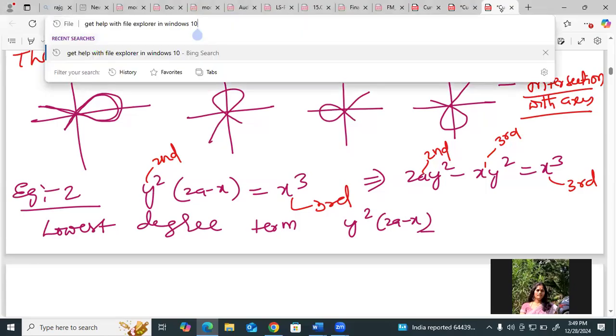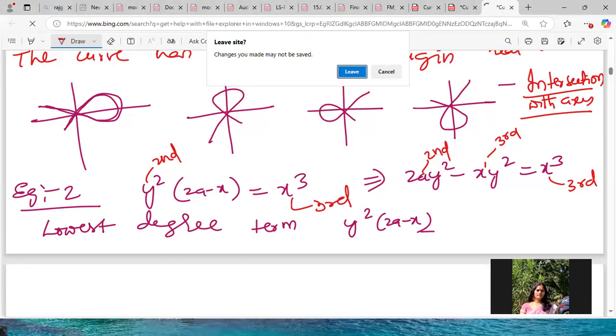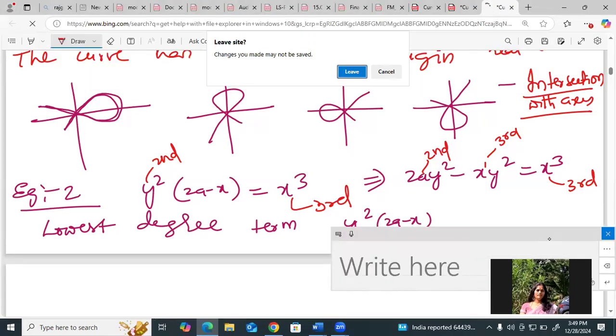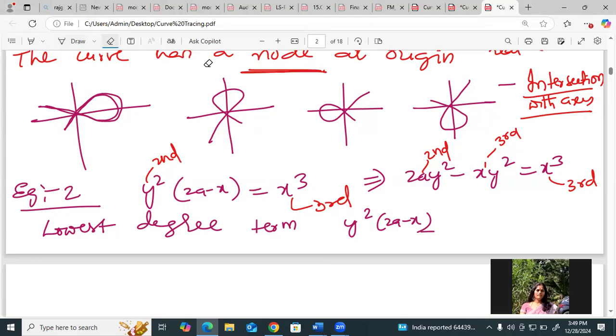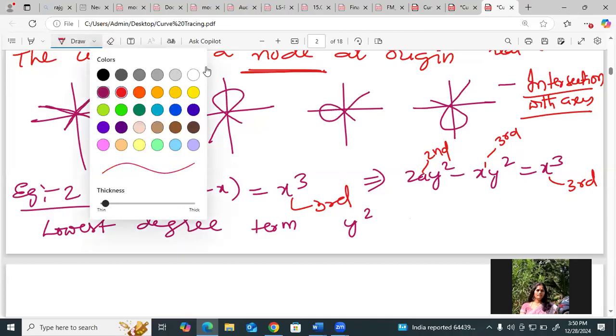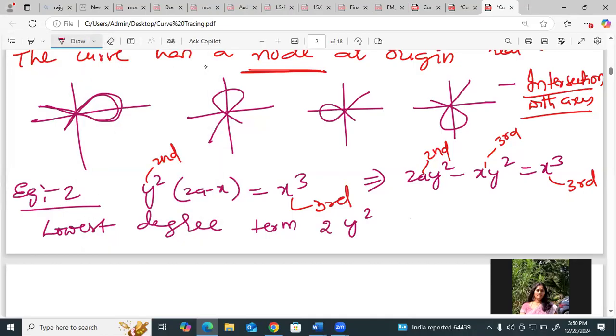So what I can do is equate 2a y square to 0. So y square is equal to 0 implies y is equal to 0, 0.